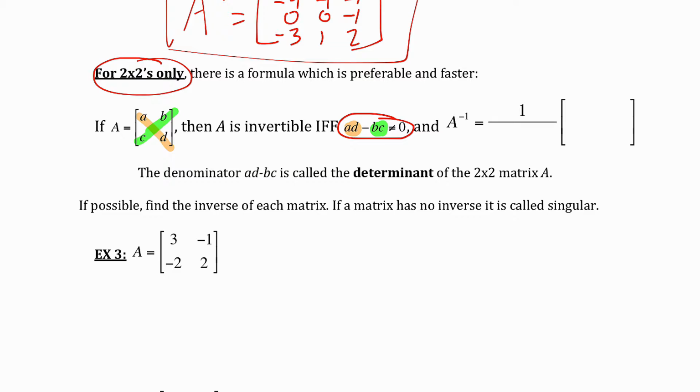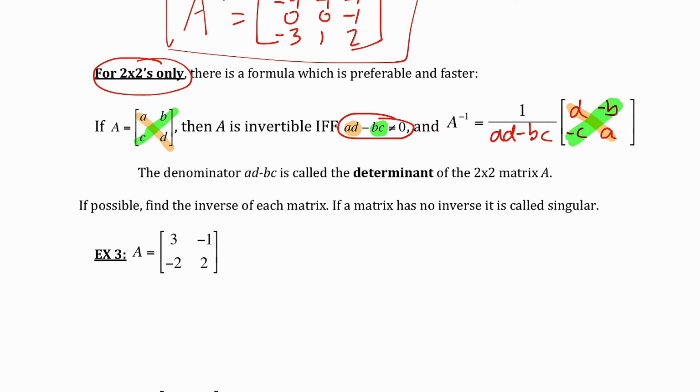So the equation we're going to use is A inverse is equal to 1 over AD minus BC, like that equation we just looked at a second ago, times the matrix D, negative B, negative C, and A. So again, the A and D in this case are flipping spaces. The B and C stay where they are, you just change their signs.